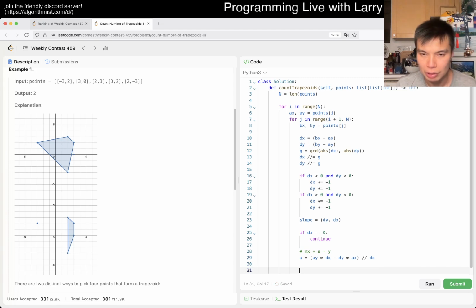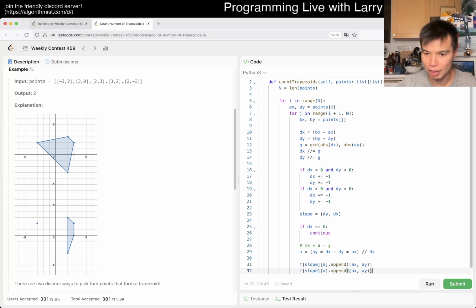So then we can say f of a and kind of the slope, dy dx, I suppose. No, I mean yes, but also okay. I want to write it in slope of a, append ax, ay, and also bx, by, right? Or I guess it's not an append, it should be an add to a set.